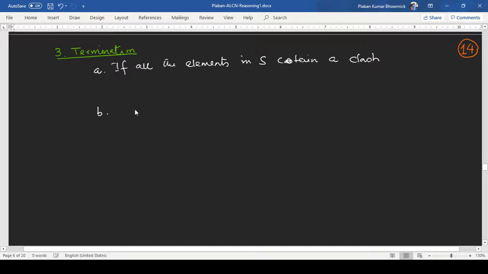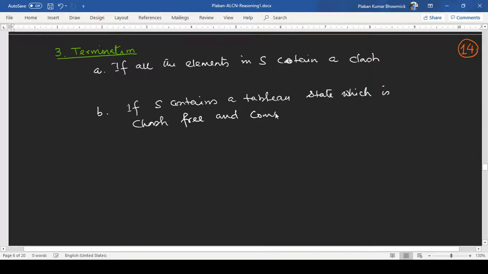The second condition is if S contains a tableau state which is clash free and complete.